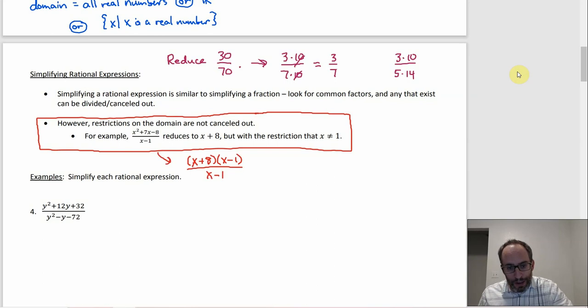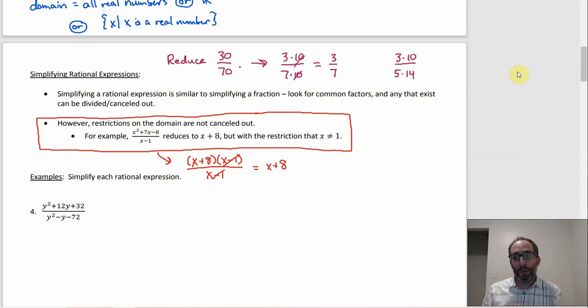Then you've got the x minus 1 as part of a product in the numerator, so you could cancel these, and say, oh, that's x plus 8. But you still have that restriction. The restriction doesn't go away even if you cancel out the part of the denominator that the restriction comes from.